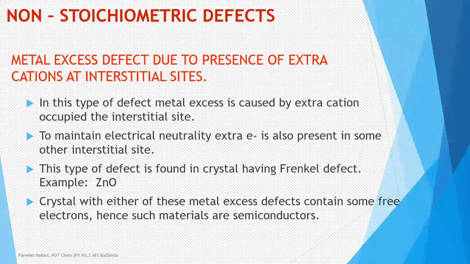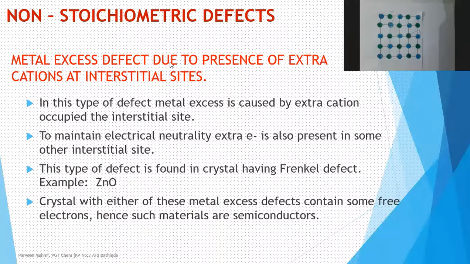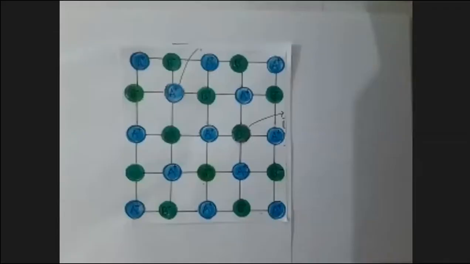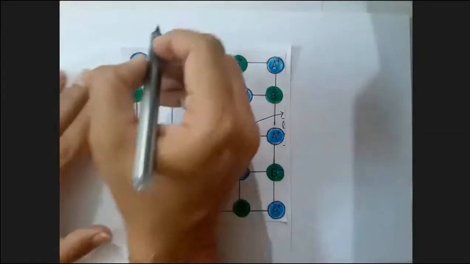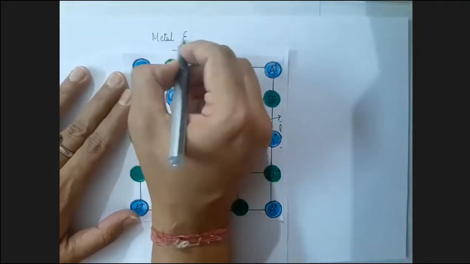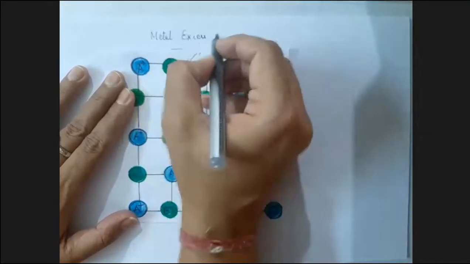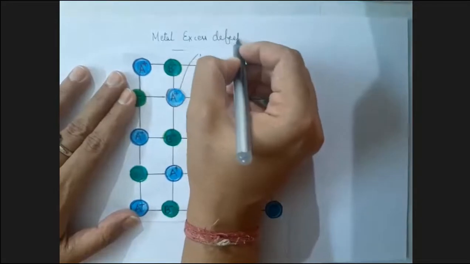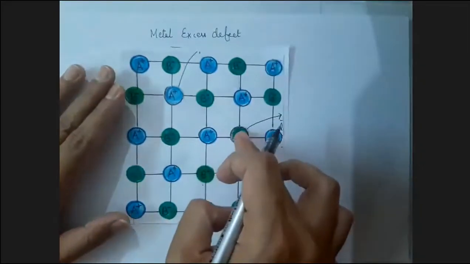Now, metal excess defect due to presence of extra cations at an interstitial site. Now we discuss the second type of metal excess defect. This is the crystal.